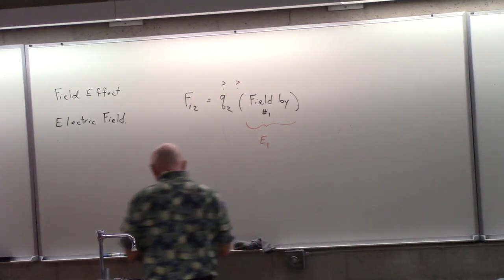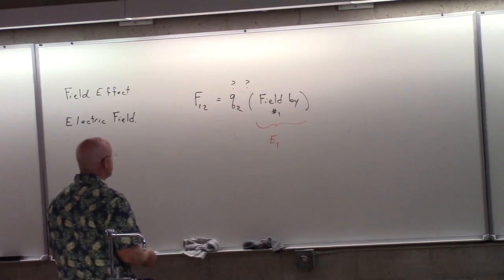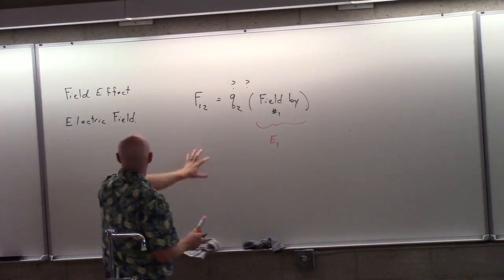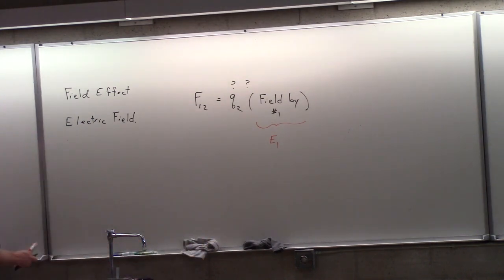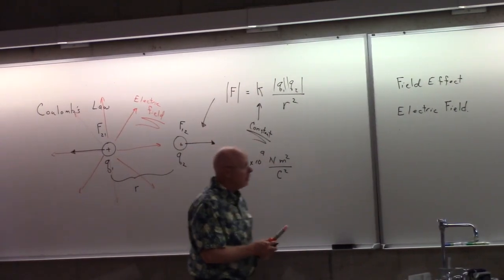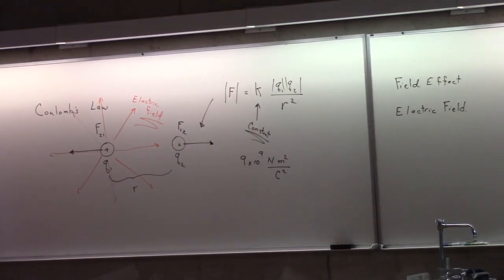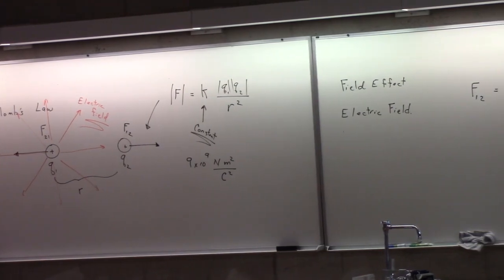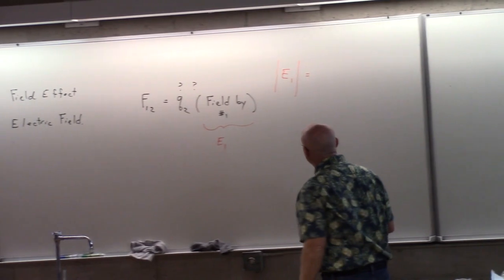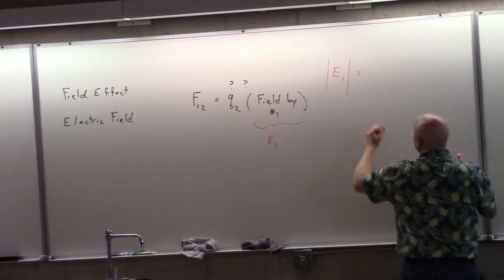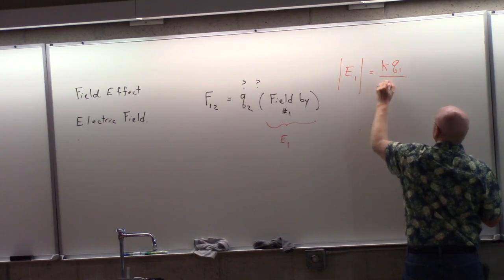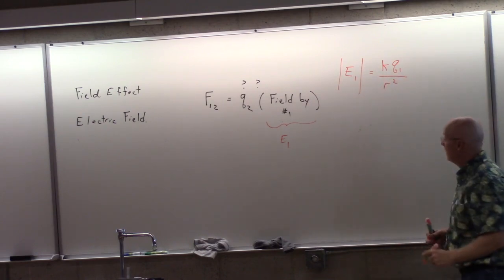And so what that means, if you compare this work, like I said, Gauss and others, with Coulomb's work right here, you can see that what you're really saying is the magnitude of field number 1 would be Coulomb's constant times charge number 1 over the distance squared.